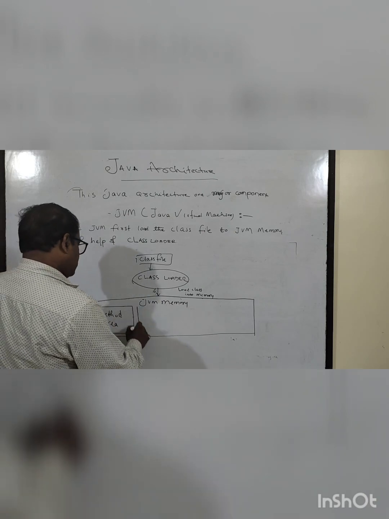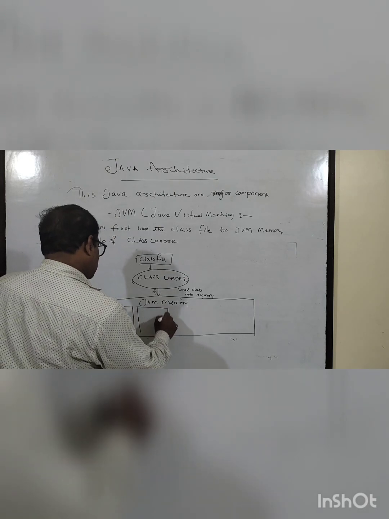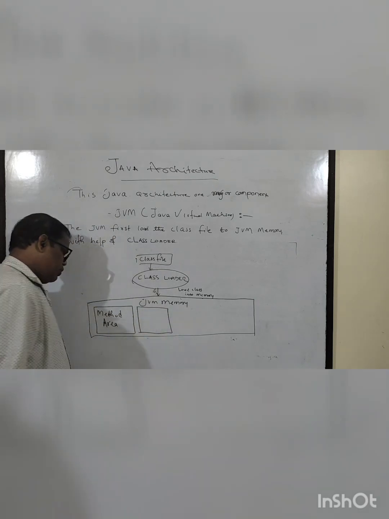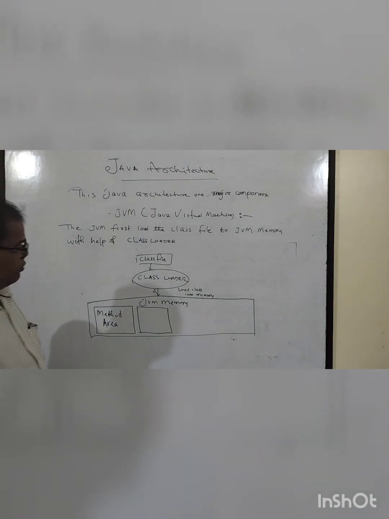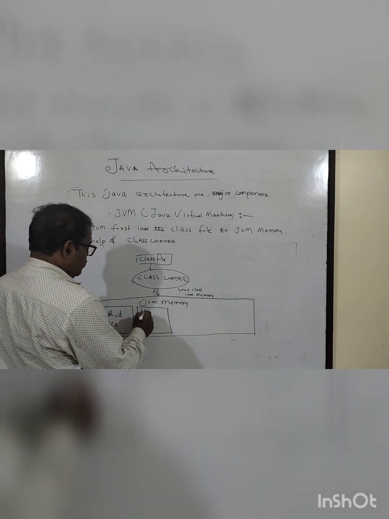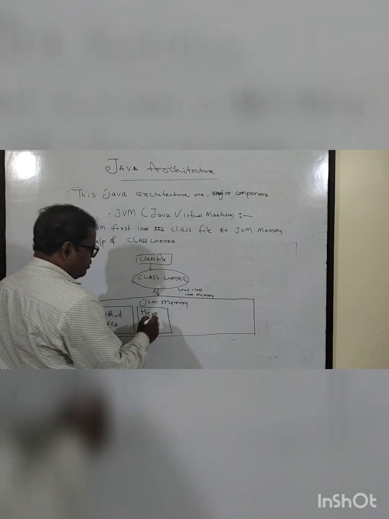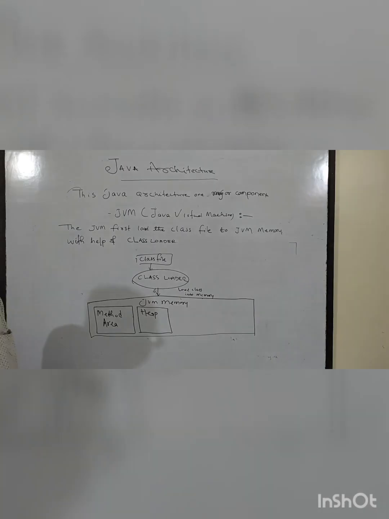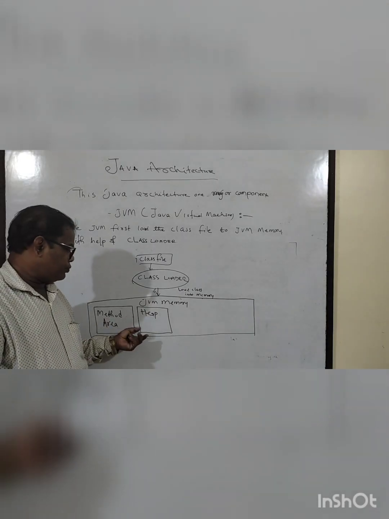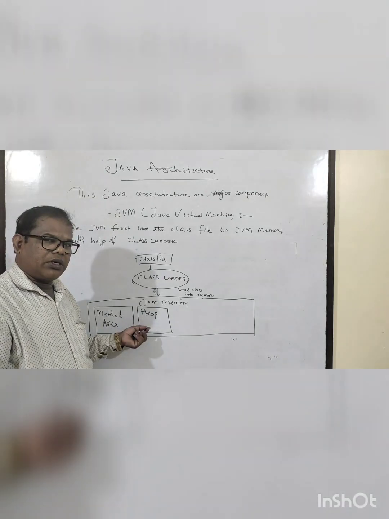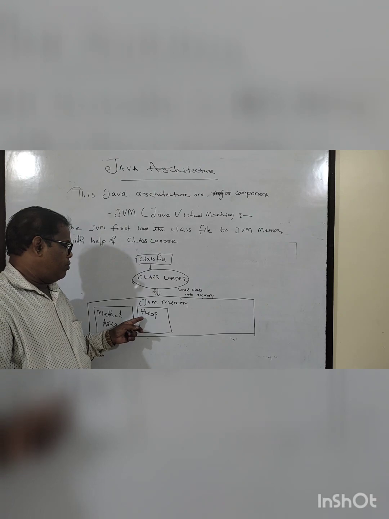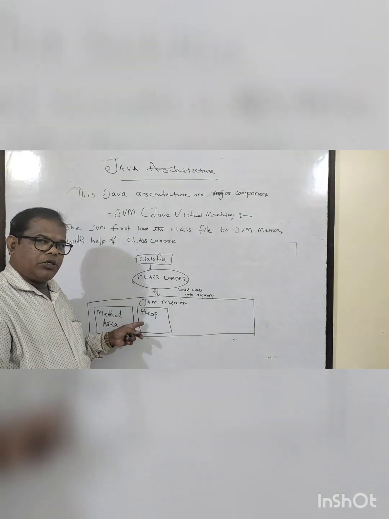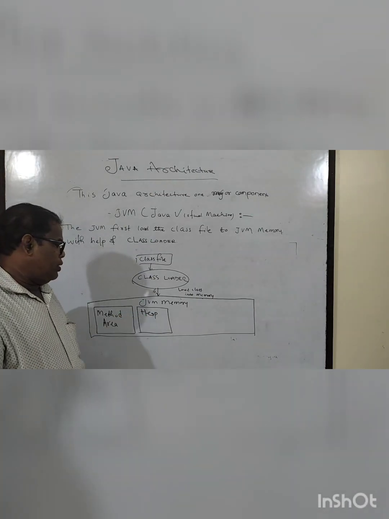The second portion of this JVM memory we call the heap. Heap is dynamic memory. All the objects that are created at runtime use the heap memory.